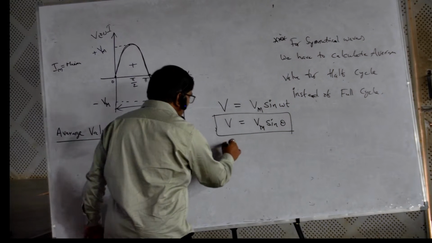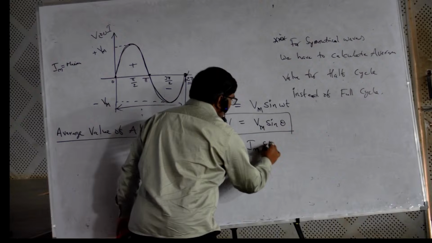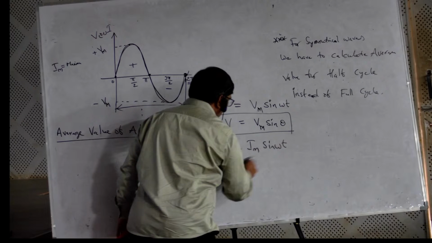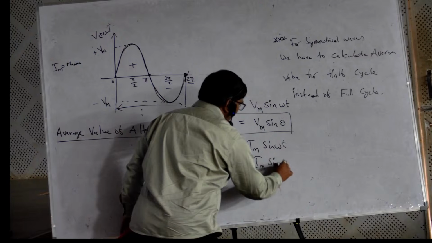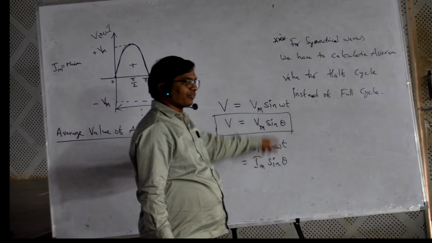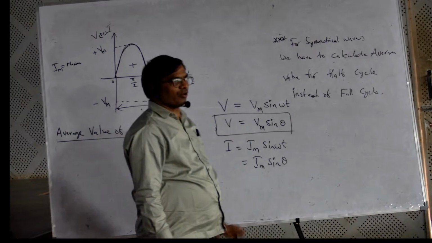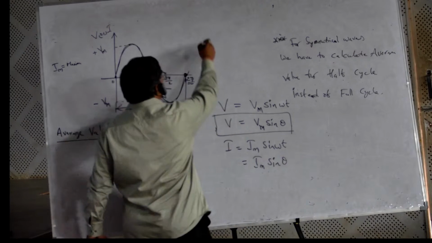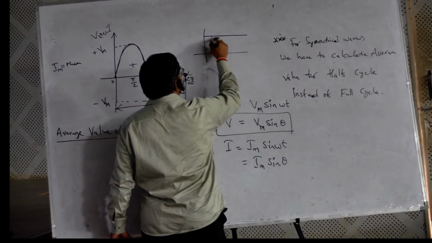If we have current, Im sine omega t or Im sine theta. For DC we cannot have sine omega t. For DC, always I is equal to the I value only. DC has a constant magnitude.